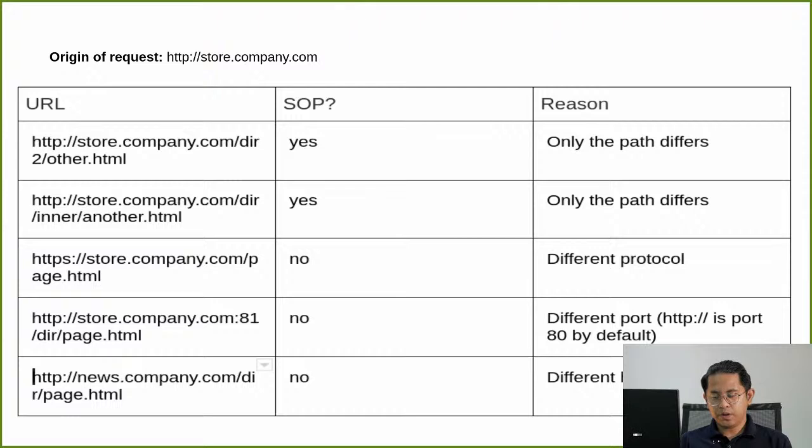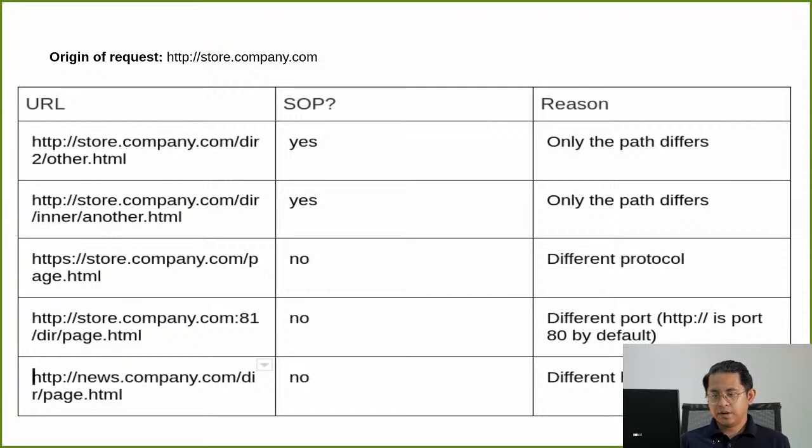These three components are the basis of the origin. So if one of those is different, you are violating the SOP policy. In this example, only the path differs, so this is valid. This is not violating the same origin policy.